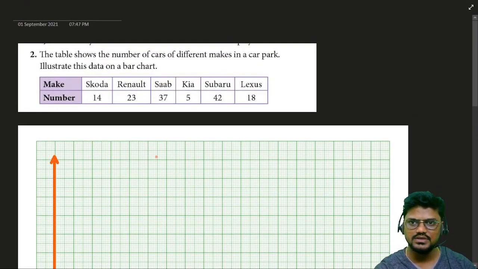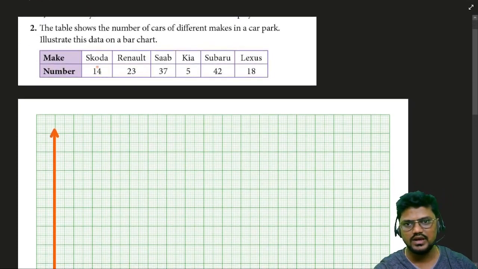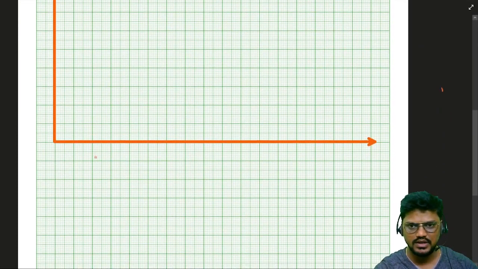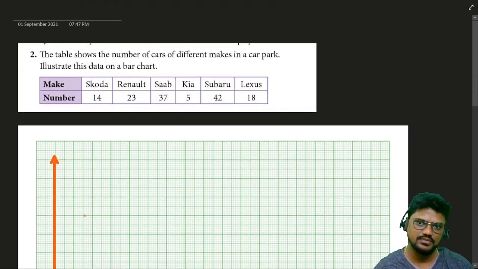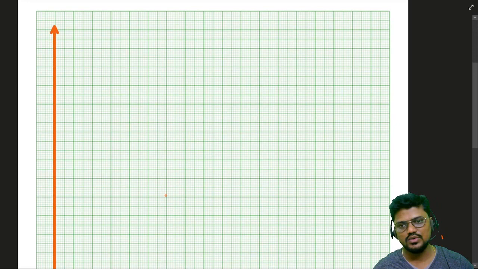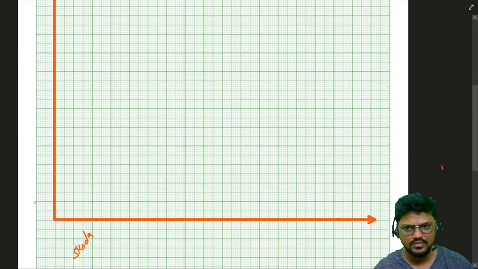Now what all things do you have in this bar chart? The table shows the number of cars of different makes in a car park. There are 14 cars of Skoda, so let me write Skoda over here. See what the maximum number is: 42. So you can take each step as 5, then 10, 15, 20, 25, 30, 35, 40, 45 and 50.